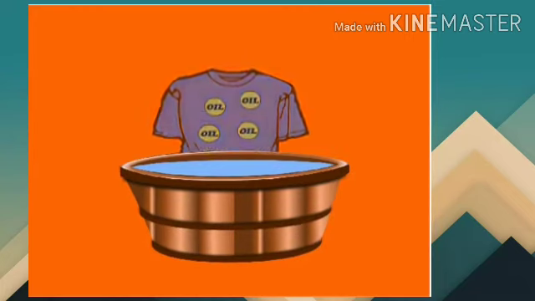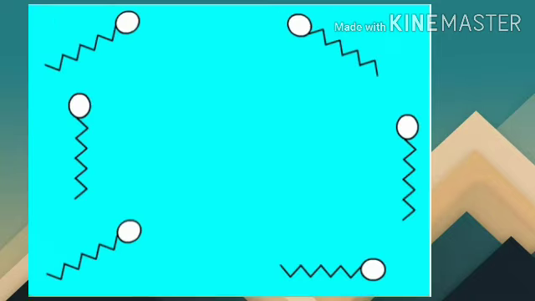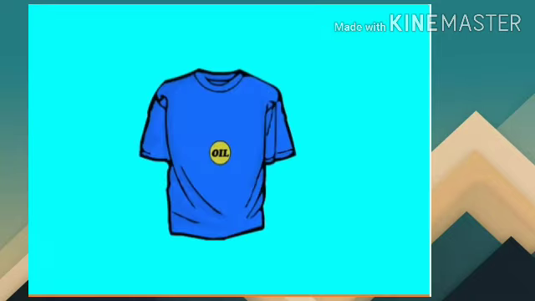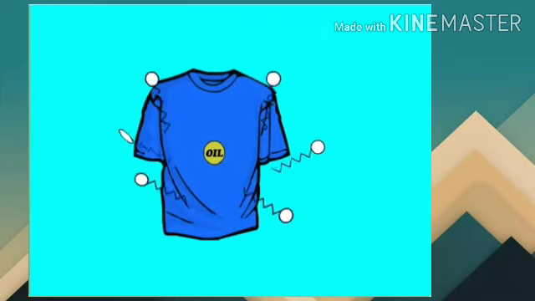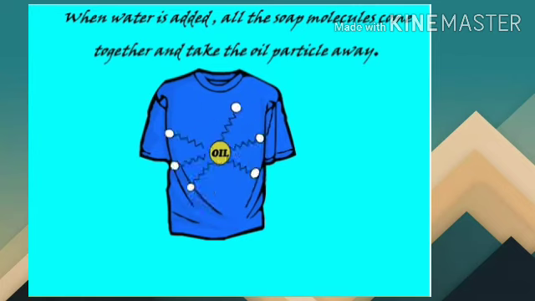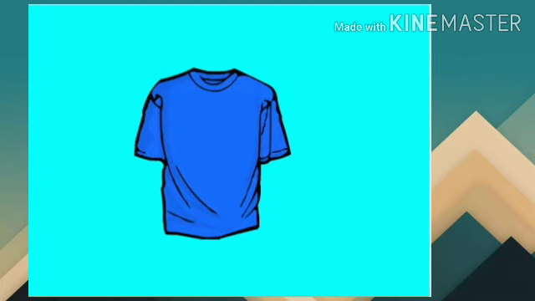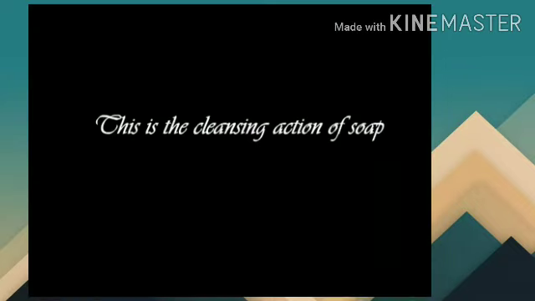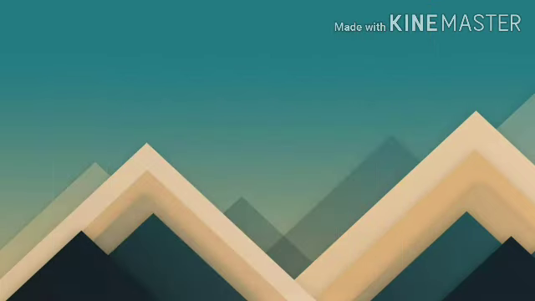Now we'll put the dirty cloth or shirt in this water. These are soap molecules. Now we'll see the action. Soap molecules have covered the oil droplet and they take away this oil. This is a clean shirt. This is the cleansing action of soap.